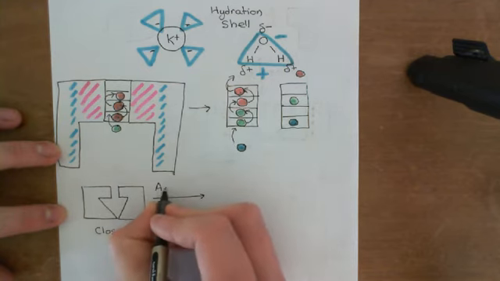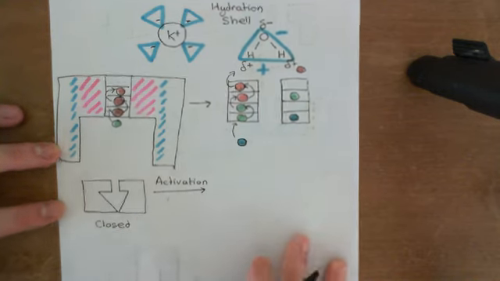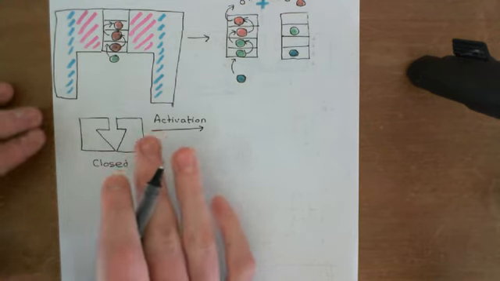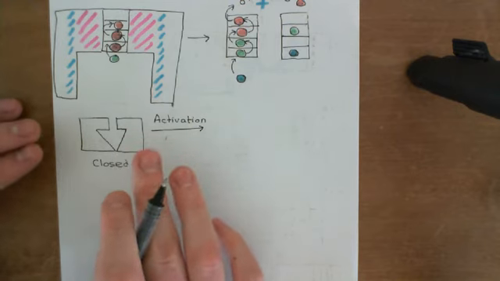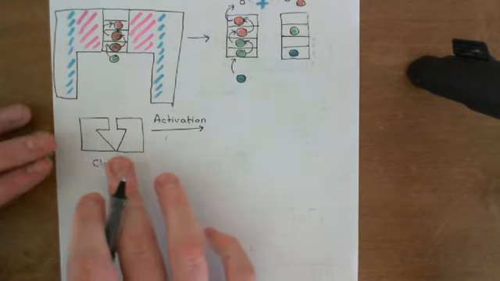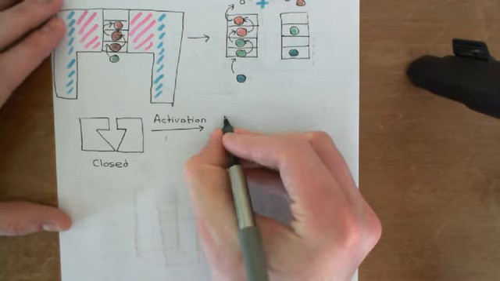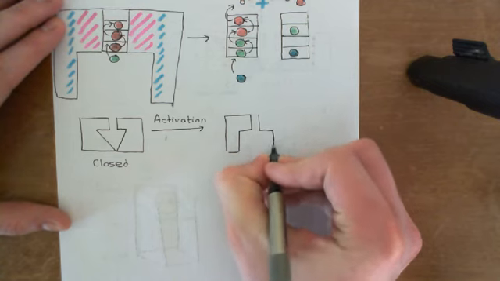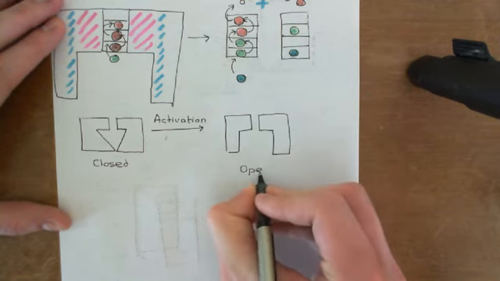Then when you depolarize the electrical potential difference across the cell membrane, activation occurred. Remember, the voltage sensing domains moved outwards. This conformational change was conveyed to the pore forming domains via the S4, S5 linker, and that pulled the S6 helices out of the intracellular aspect of the pore to open it up. So then you went into the open state here, where the pore is now open and conducting potassium ions. So this is the open state.